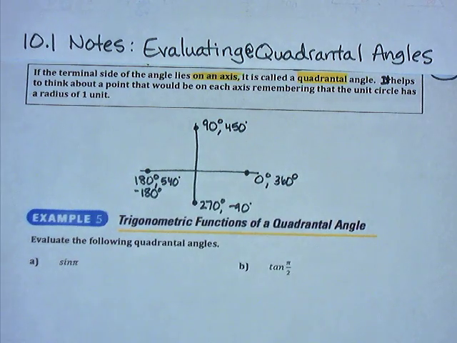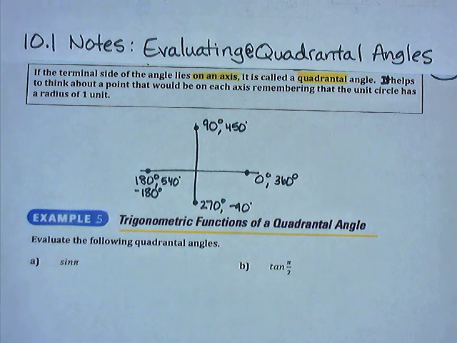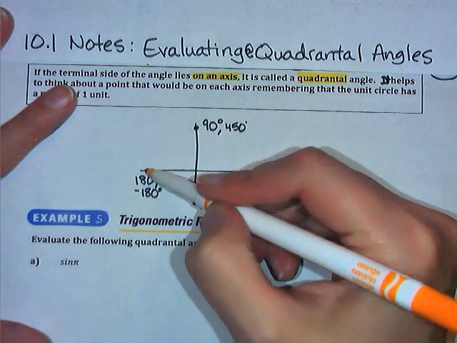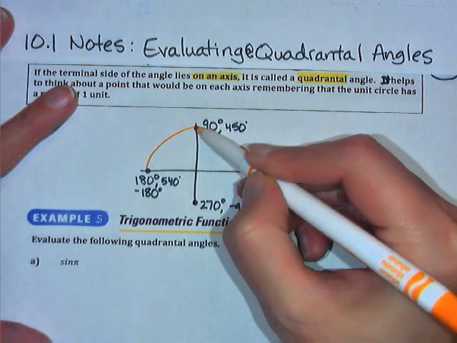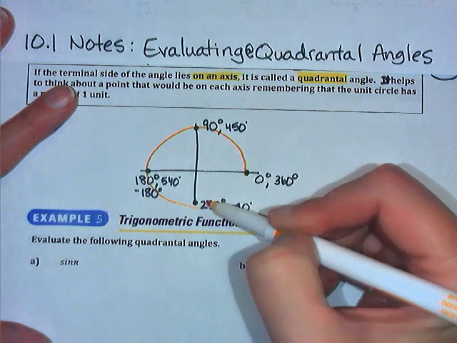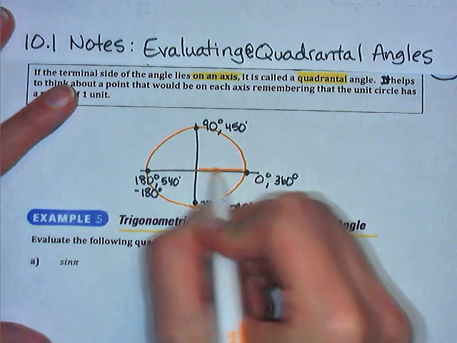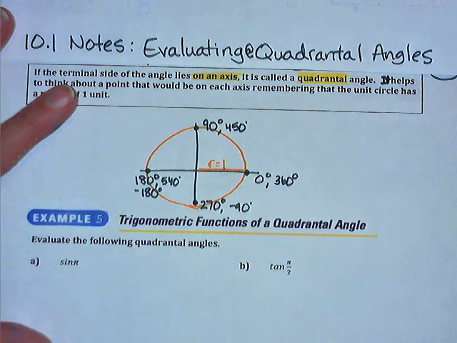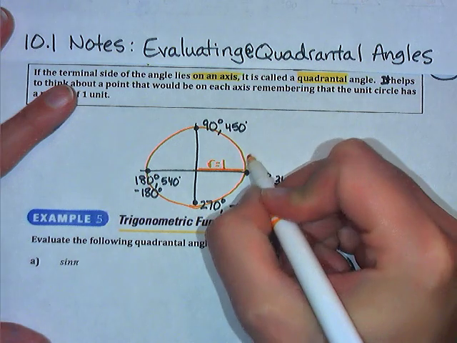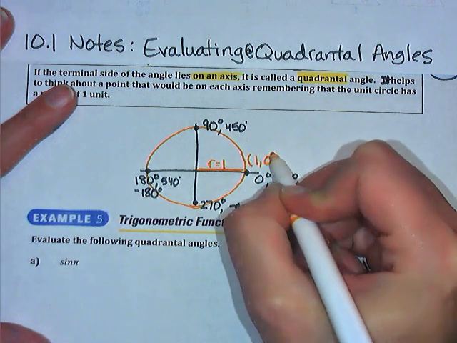So if you think about points that would be there, if the unit circle has a radius of 1 unit, that means this radius is 1. So a point over here would be 1, 0.